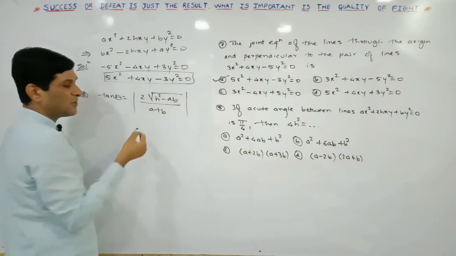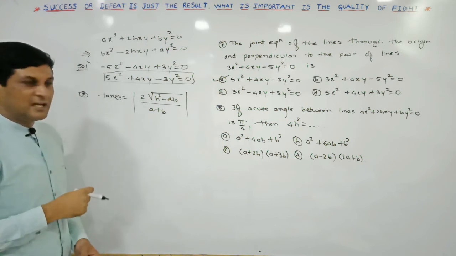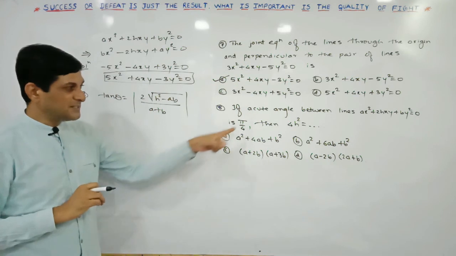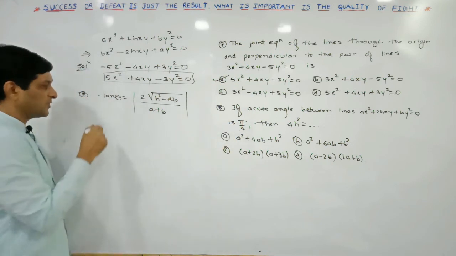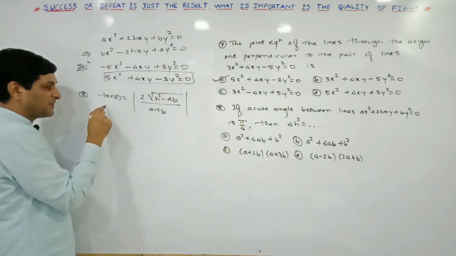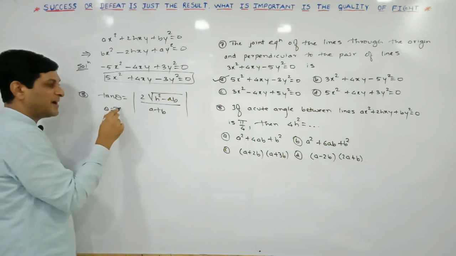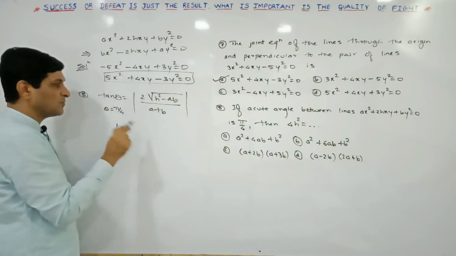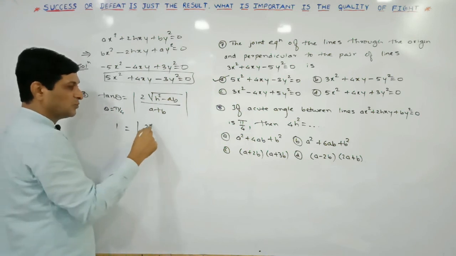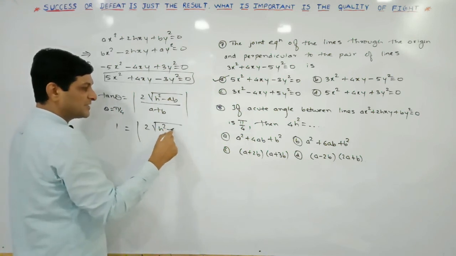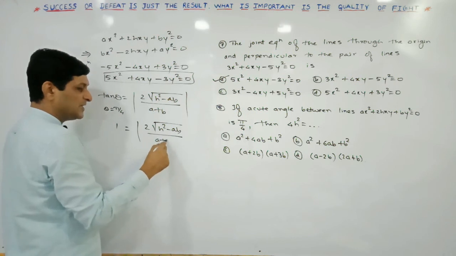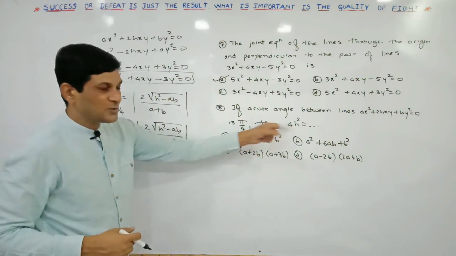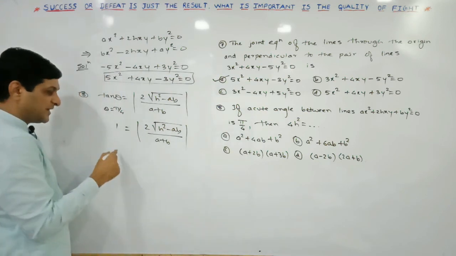This formula we have proved in one theorem to find the angle between the lines represented by a homogeneous equation. So here this theta is how much? Pi by 4. So here tan pi by 4, if I replace theta by what? Pi by 4. So tan pi by 4 means tan 45 will be equal to 1. On this side, keep 2 under root h square minus ab upon a plus b as it is. If we square both sides, because in our required result the root is not there, so we are squaring both sides.